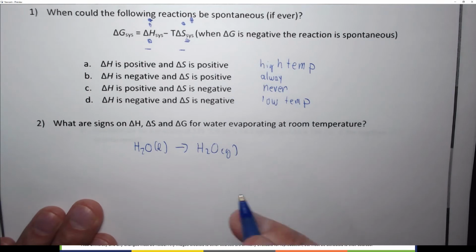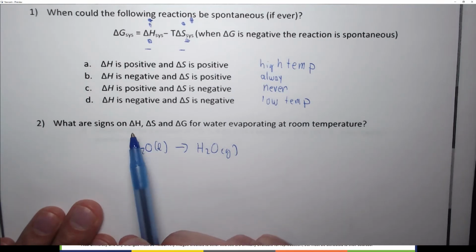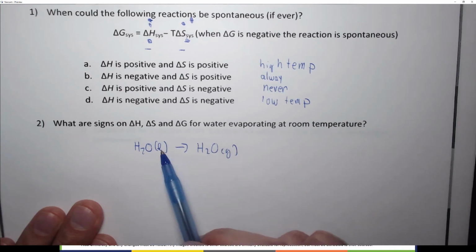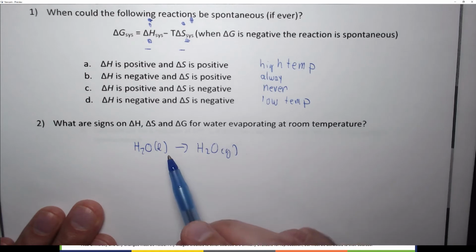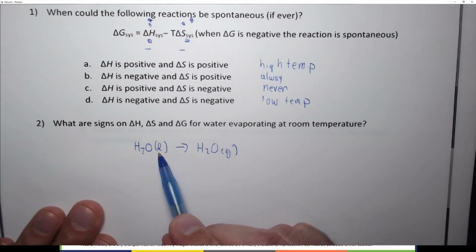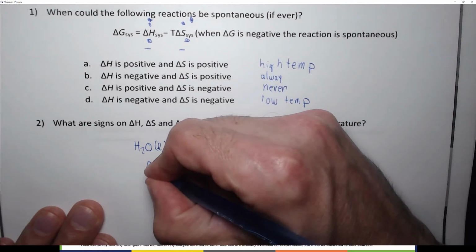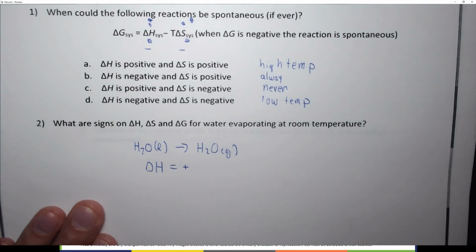So let's look at delta H, from a liquid to a gas. Is this process endothermic or exothermic? Well, this process is going to be endothermic. If you want to turn water from a liquid into a gas, you have to add heat energy. So delta H is going to be a positive value.